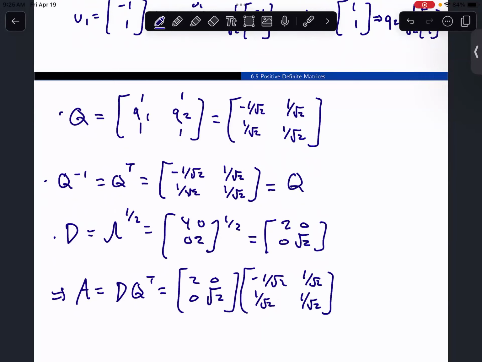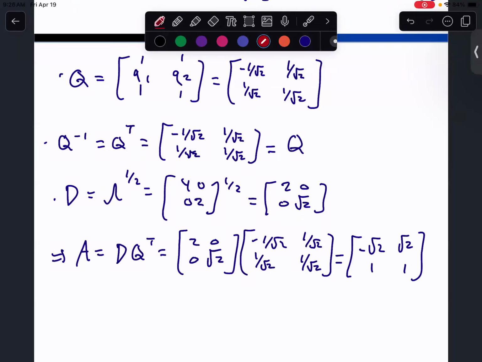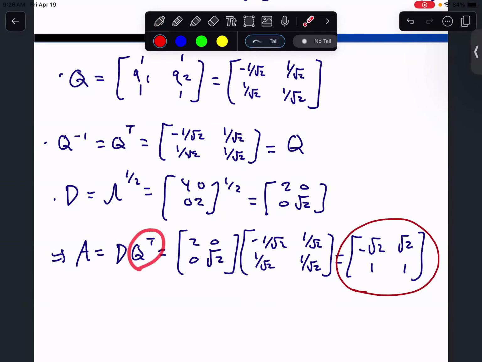Okay, and if you multiply these matrices together, you end up getting the following. So I'll just write it out. It ends up being minus the square root of 2, square root of 2, 1, 1. And the multiplication really isn't that bad. So this is the answer it's looking for. You find A by multiplying D with Q transpose.